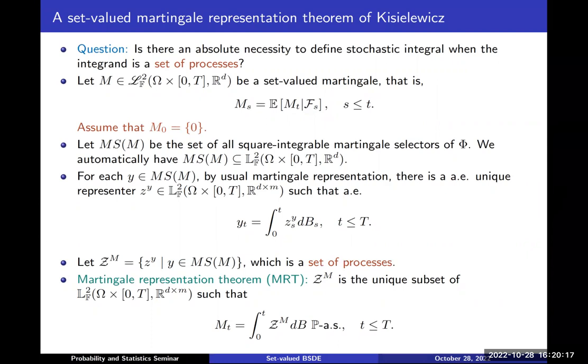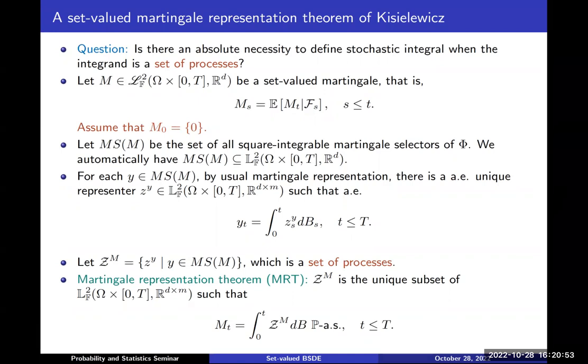Now, this is a set of processes, but it's not necessarily decomposable. If you want to provide a martingale representation theorem for a set-valued martingale, the most natural candidate for the integrand is this, the set of representatives of martingale selectors. But the set of representatives of martingale selectors is not decomposable. So that's why we introduced this abstract concept of integration.